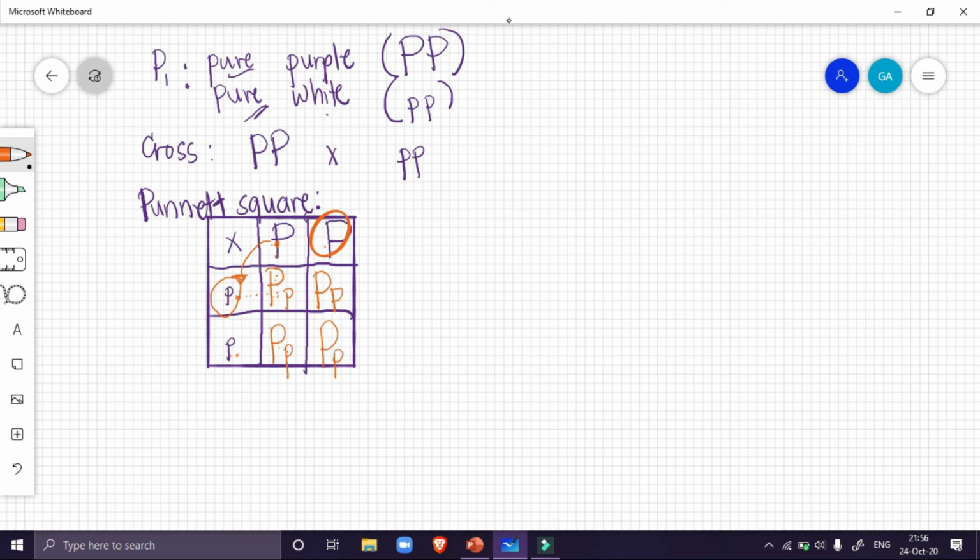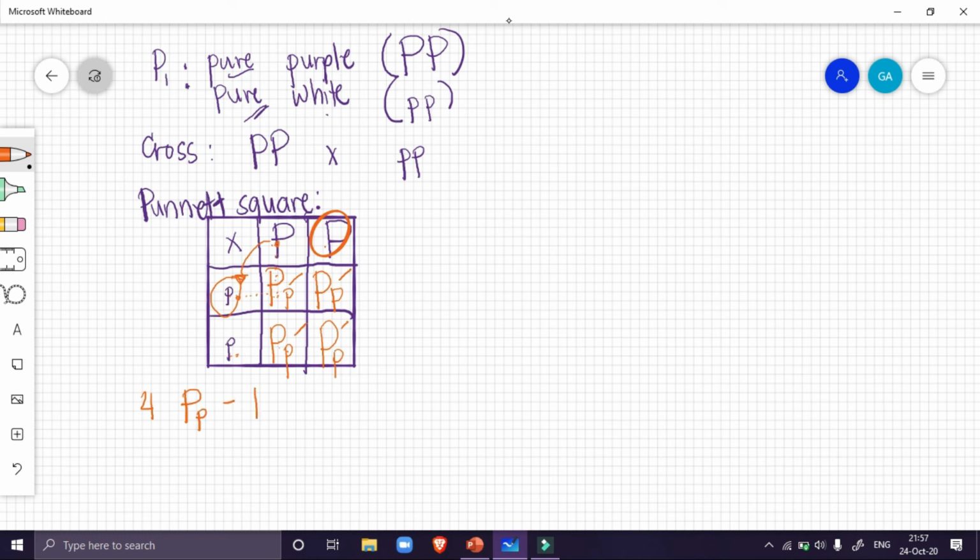So this is what we get after crossing two purebred organisms. And now we have to count the result. So we have 1, 2, 3, 4. So that is 4 capital P, small p.